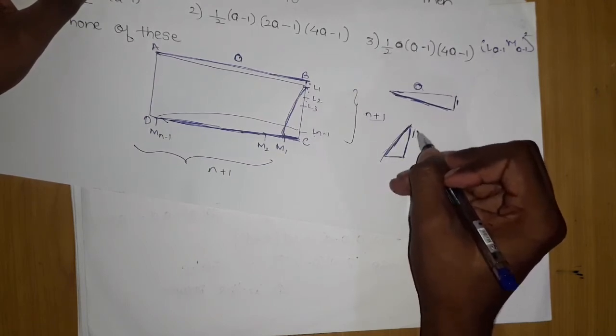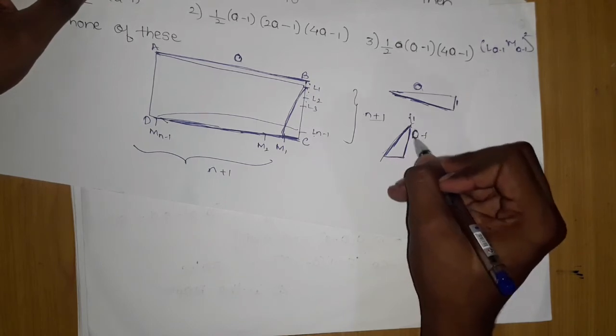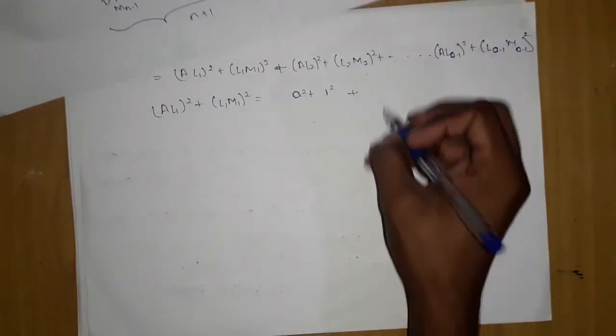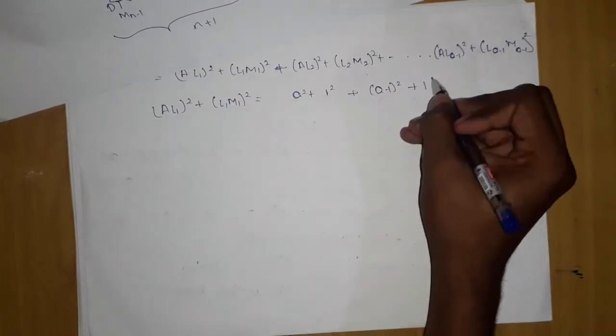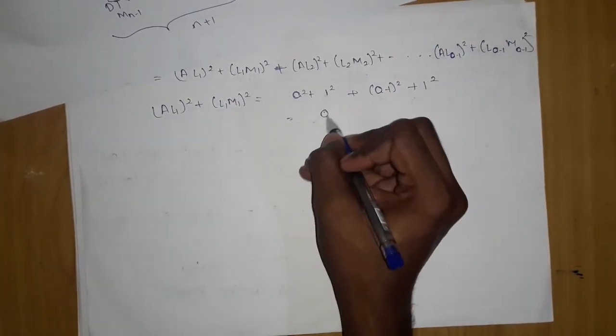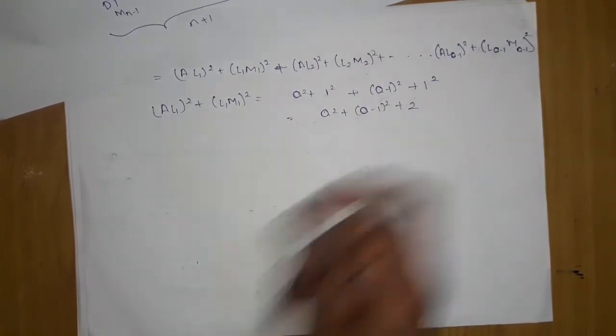This length will be a minus 1, because one distance is left, and this will be 1. So it is a minus 1 the whole square plus 1 square, which gives me a square plus a minus 1 the whole square plus 2.